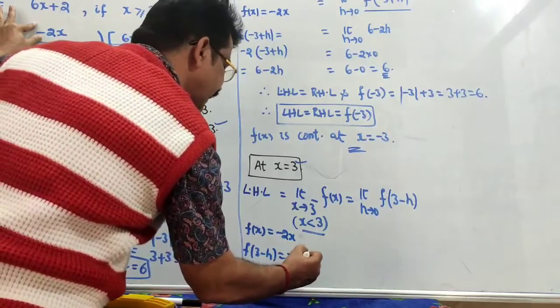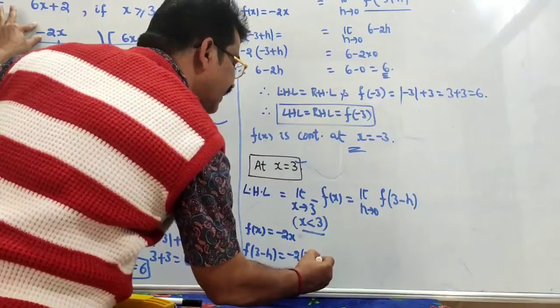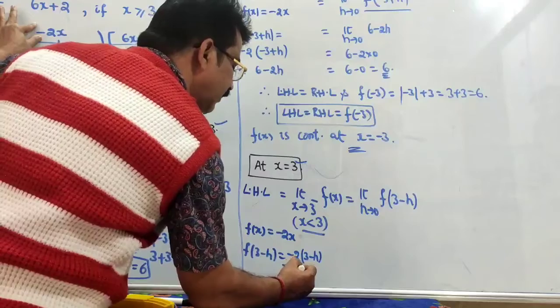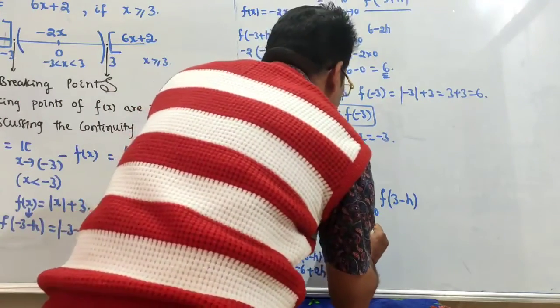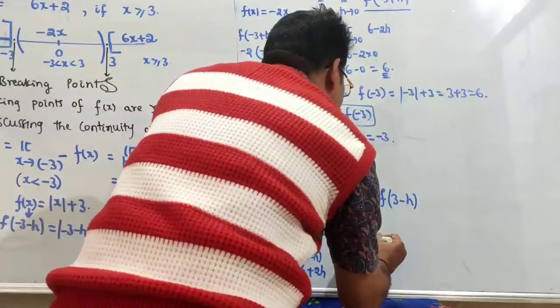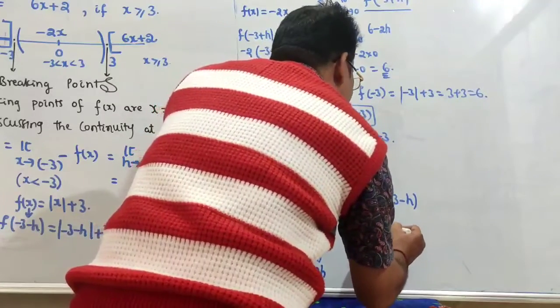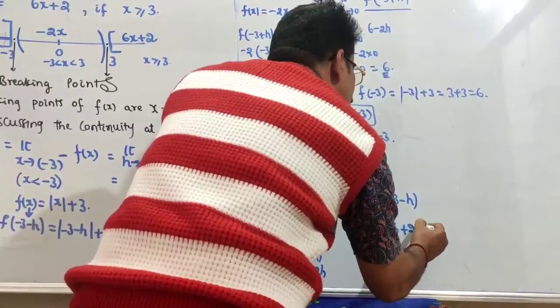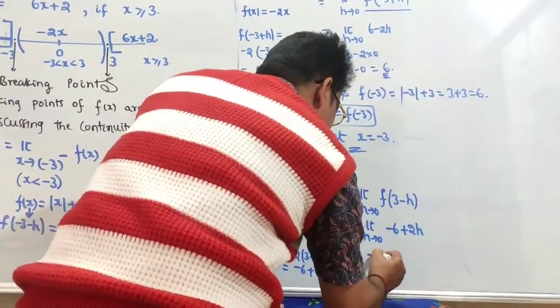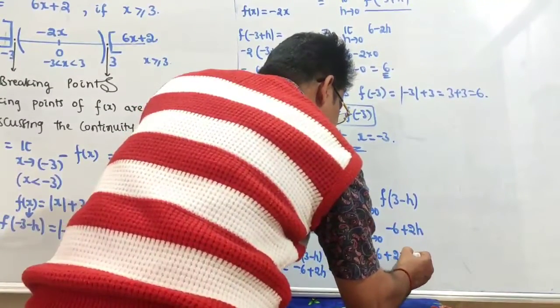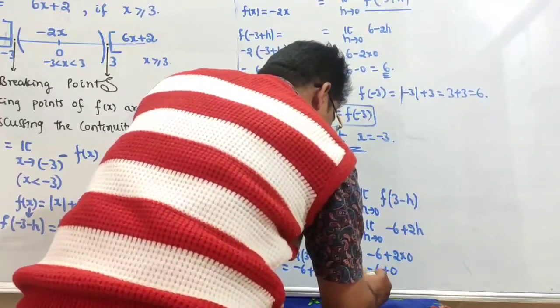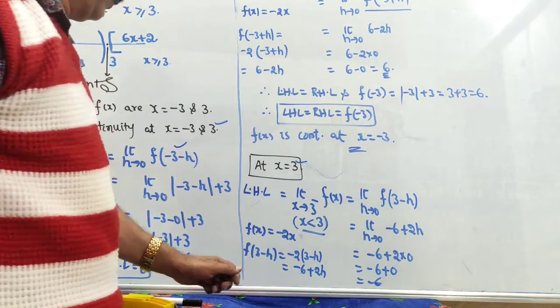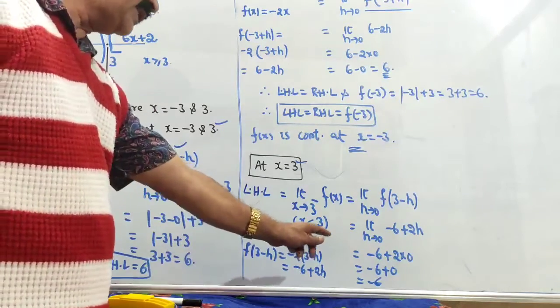That is minus 2 into 3 minus h, that is equal to minus 6 plus 2h. So therefore, it is limit h tends to 0 of minus 6 plus 2h, that is minus 6 plus 2 into 0, so minus 6 plus 0, that is minus 6. Therefore, the left hand limit is minus 6.